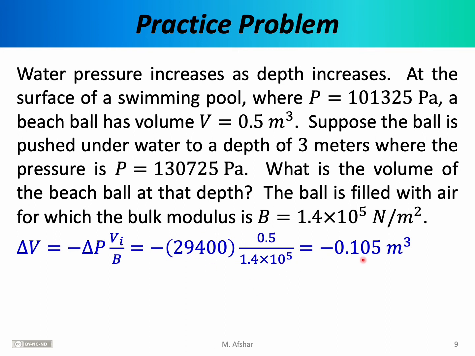Plugging those numbers in, we will see that the volume of the beach ball will change by 0.105 cubic meters. The change is a negative change, meaning that the volume gets smaller. Notice that the question does not ask for the change in volume, but the actual volume of the beach ball. So now you need to add this number to the initial volume to find the final volume of the beach ball, and that will turn out to be 0.395 cubic meters.